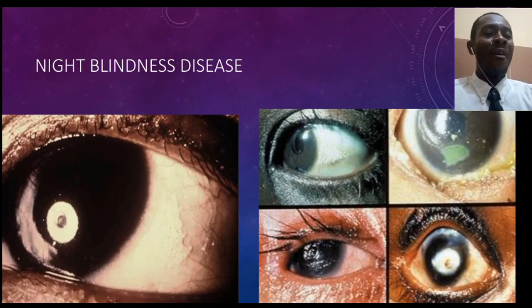Remember, what are the causes of all these things? Lack of vitamin A. So vitamin A is very, very important in the meal that we take. And what are the sources of this vitamin A? If we have to look for it and add it in part of the meal that we consume on daily basis.